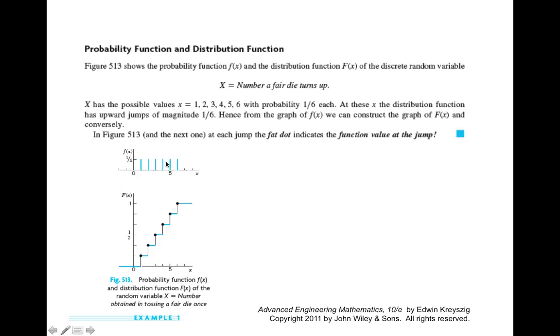Now you can envision what happens as these distinct values become continuous. The space between each value gets smaller and smaller, and this stepwise curve is going to become continuous. If all of the values in between were also possible, then obviously each individual probability would be a lot smaller, and our distribution function would be smoother instead of stepwise.